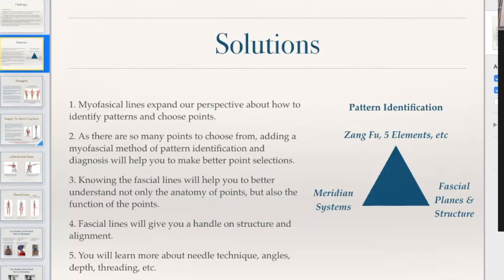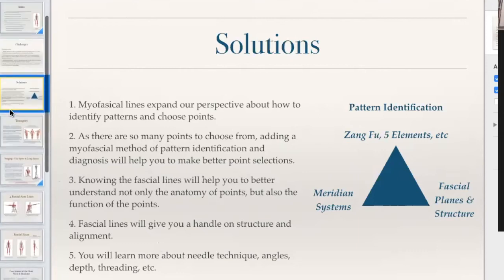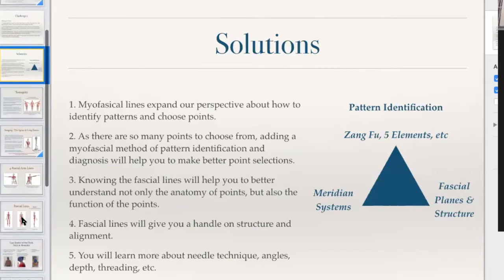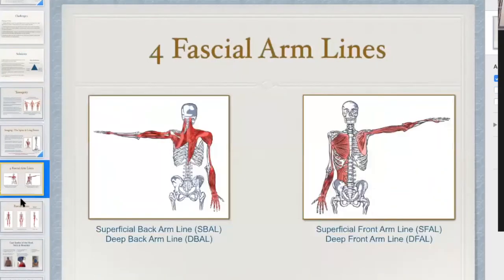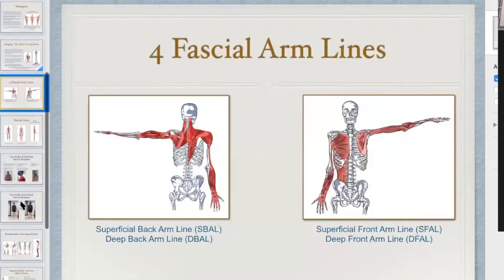Some of you are probably needling points like spleen 6 and spleen 7. You can needle those for neck conditions, and this is something I discuss in the course. If you look at the anatomy of this deep front line, where is that at? Oh, I didn't put it on here. So the leg yin points affect the deep front line, and those are going to affect different structures in the neck.